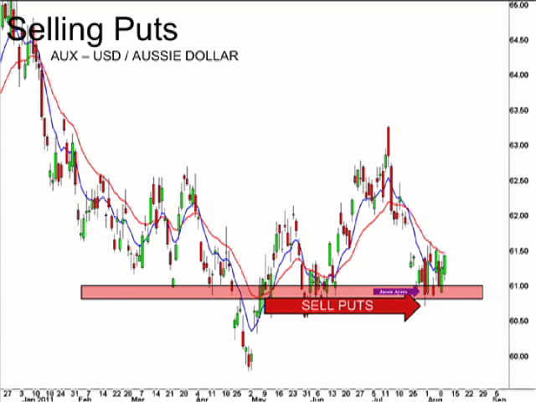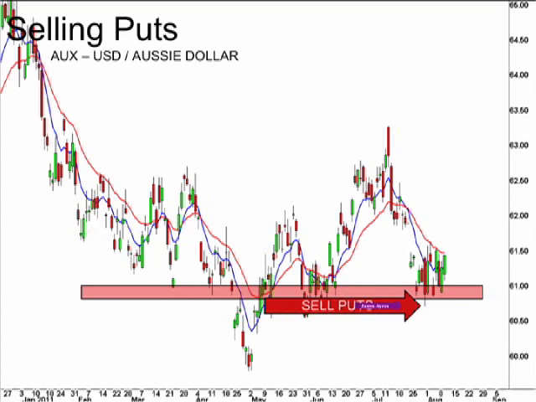So our consideration might be, you know what? I think the AUX is either going to go up or stay the same over the next month. So what I want to do is go in and sell those put options below that level with the expectation that they're going to actually expire worthless. Now, a lot of people try to collect as much premium as possible.